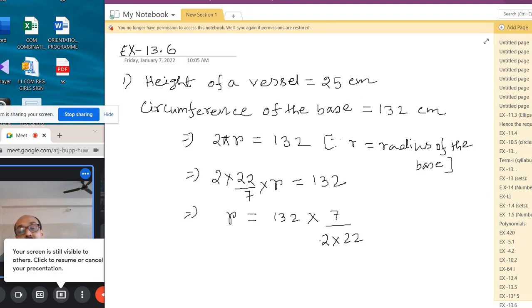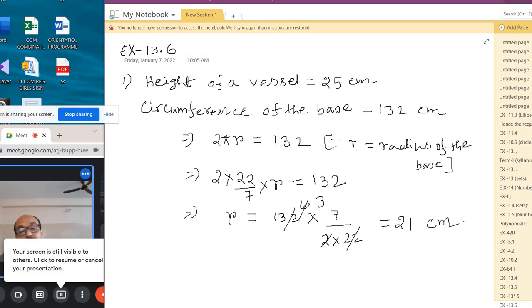Calculating, 22 into 6 is 132, and 2 into 3 is 6. Then 3 into 7 equal to 21. So 21 centimeter is the radius.